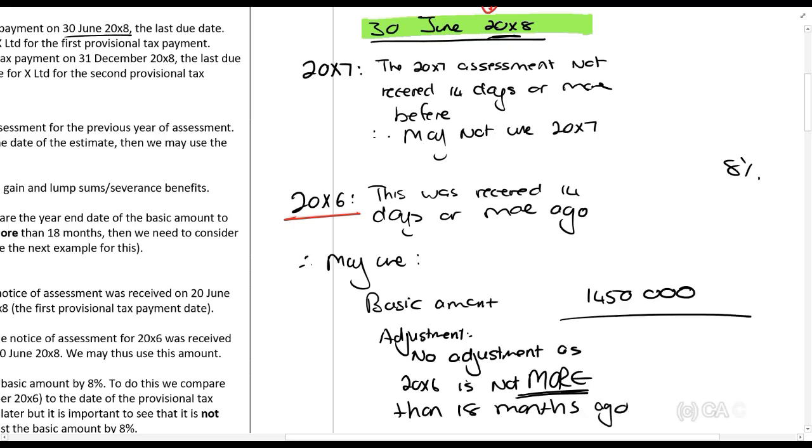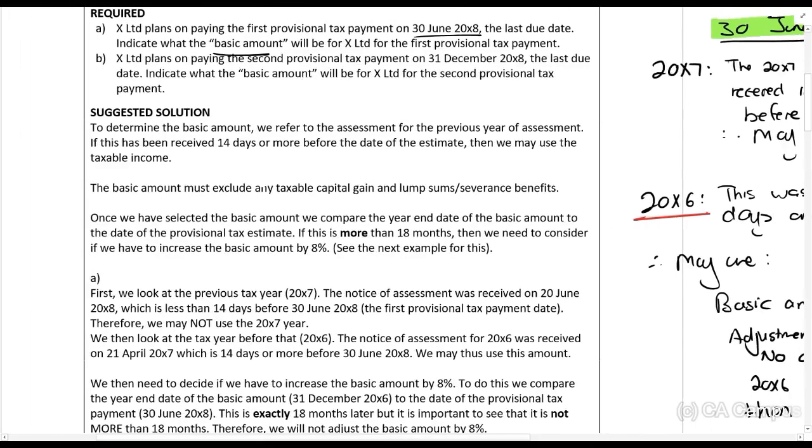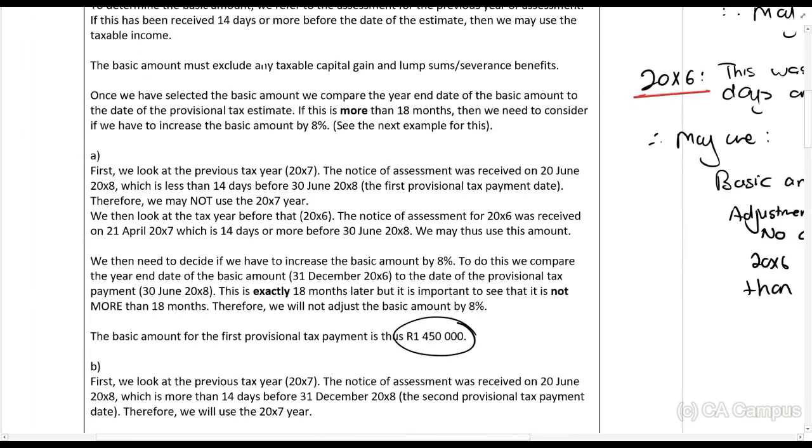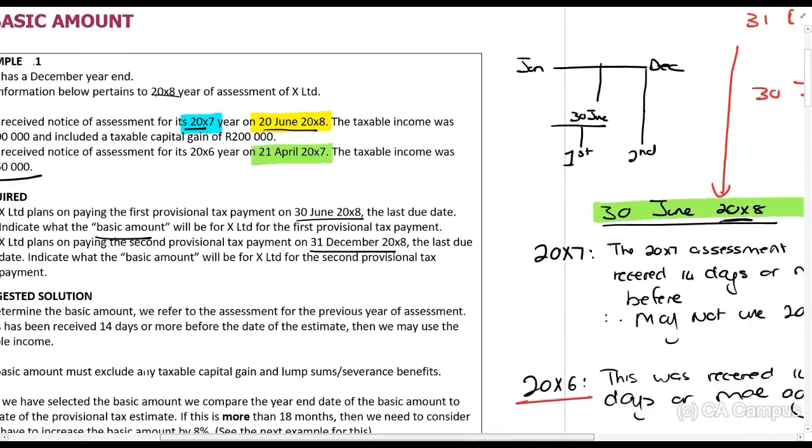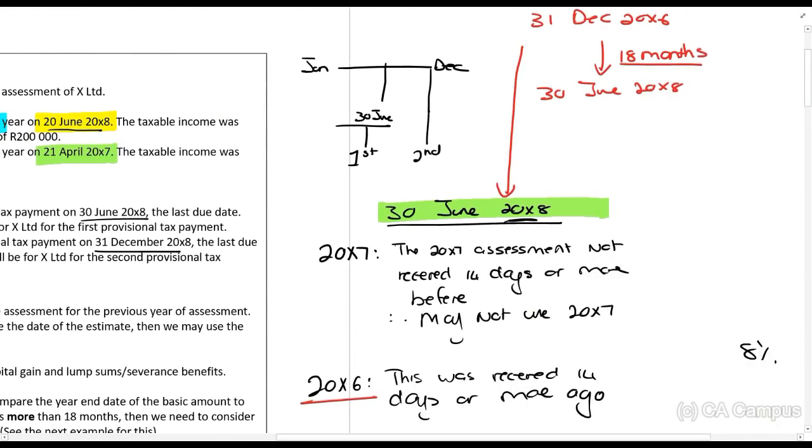Okay, so 1,450 will be your basic amount. B then says, what is the basic amount for 31 December 20X6, so for the second provisional tax payment? Now guys, the reasoning here is exactly the same, the way in which we are going to approach it.